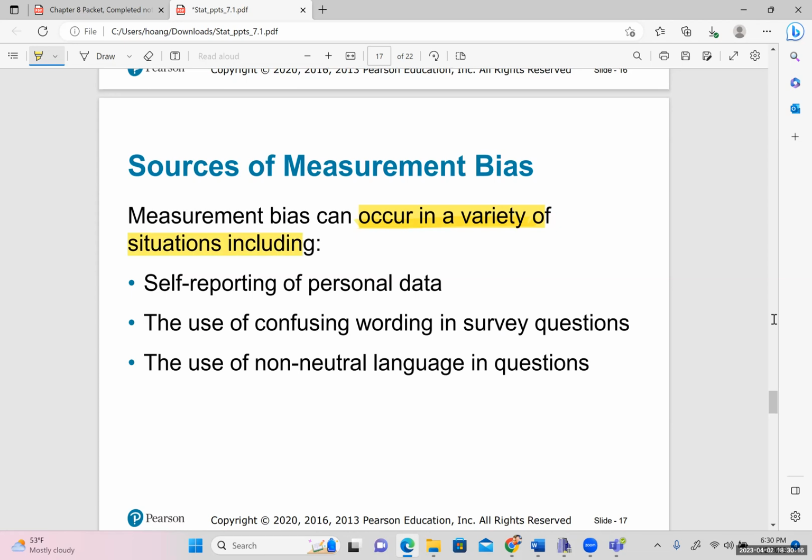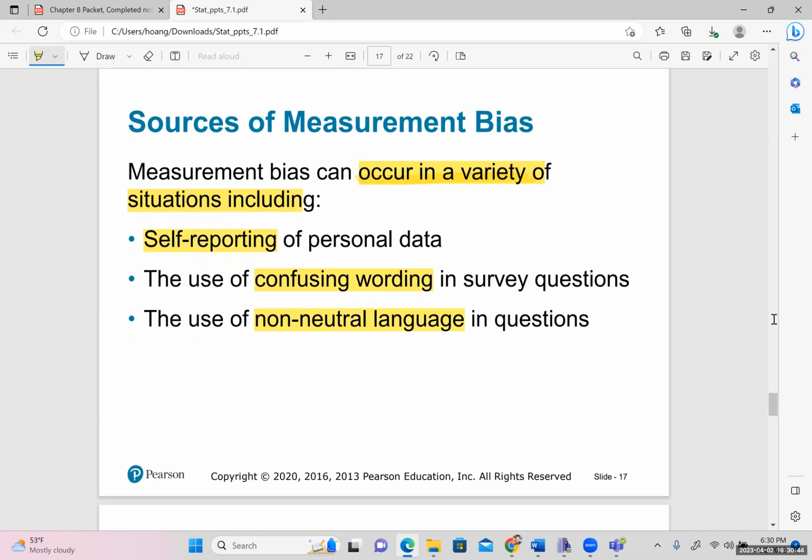The use of confusing wordings in surveys, right? And the use of non-neutral language in the question, right? So those will make the measurement bias.